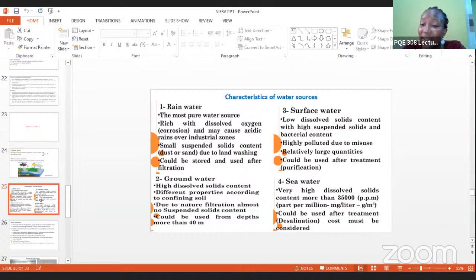Sometimes you can even classify your seawater to be under your surface water. So if you tell me that you have your rainwater, your groundwater, your surface water, and stop there, I will still take it, because you can actually classify your seawater to be under your surface water.